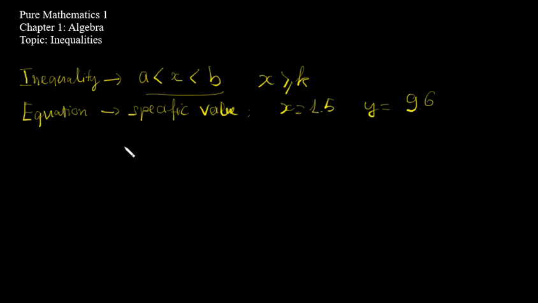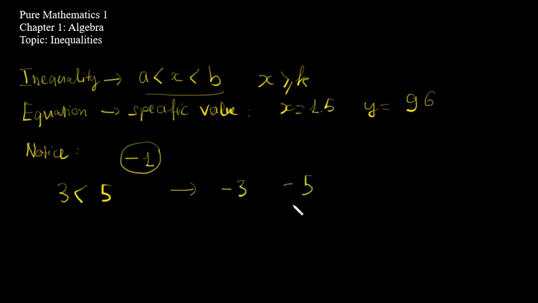So now we're moving to the next part. Here is a notice about inequality. You can see that obviously 3 is smaller than 5, right? But now when we multiply both sides by minus 1, we have minus 3 and minus 5. Obviously minus 3 is greater than minus 5.